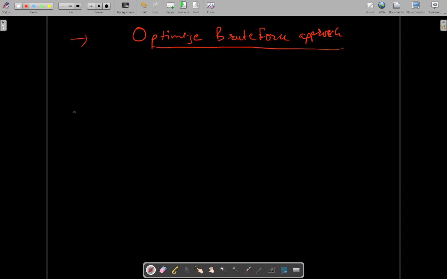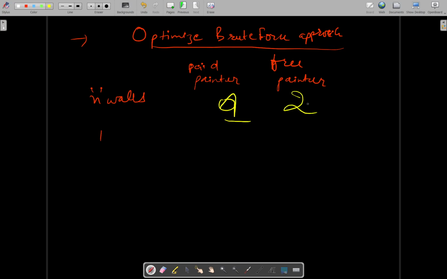Now consider the below scenario. Let's say there are n walls and some sequence is like this. First, let's denote the paid painter as 1 and the free painter as 2.